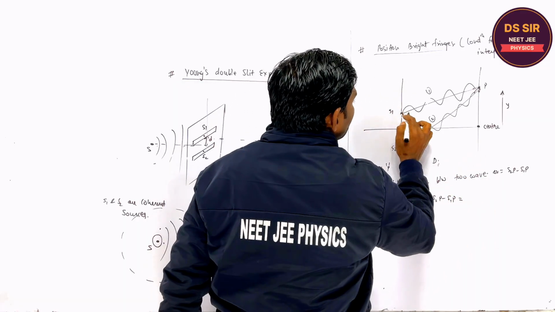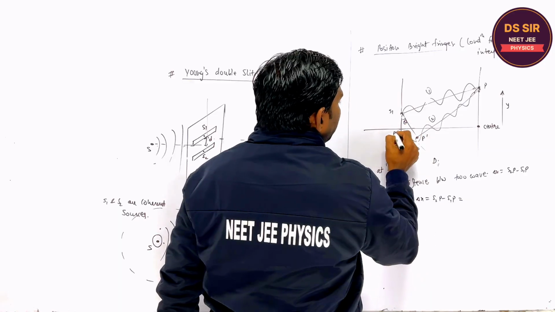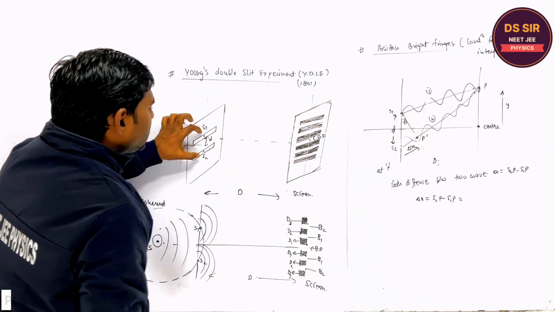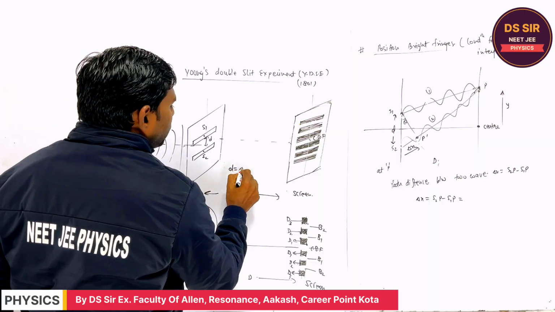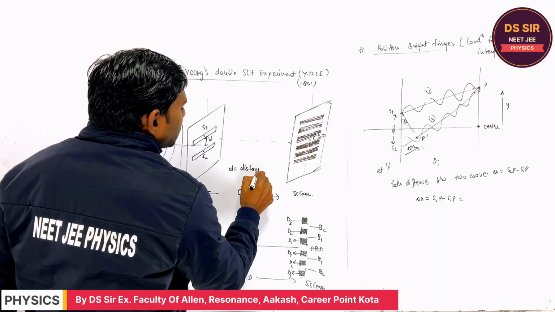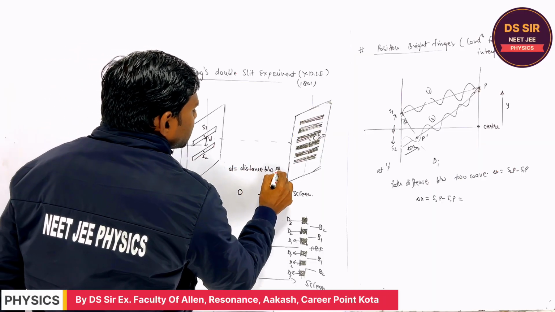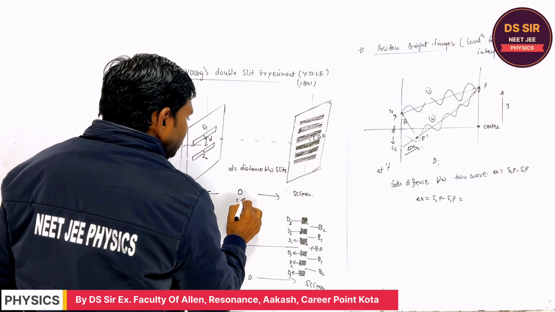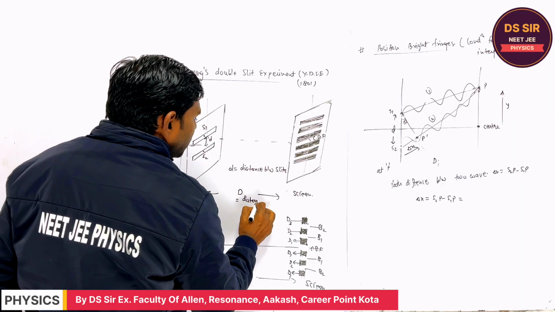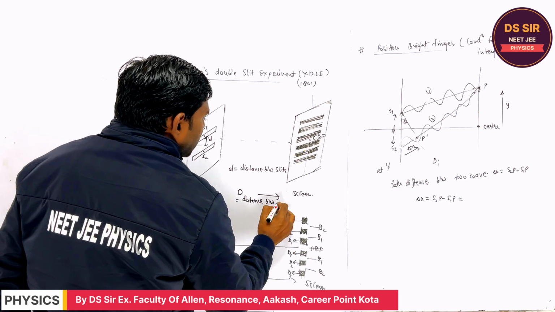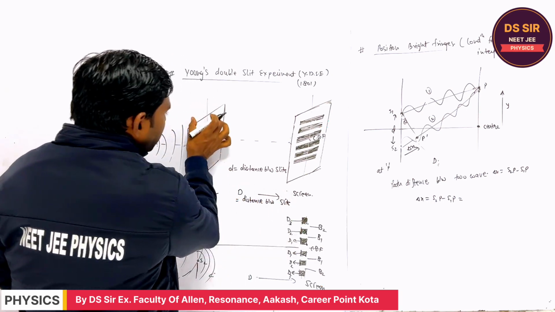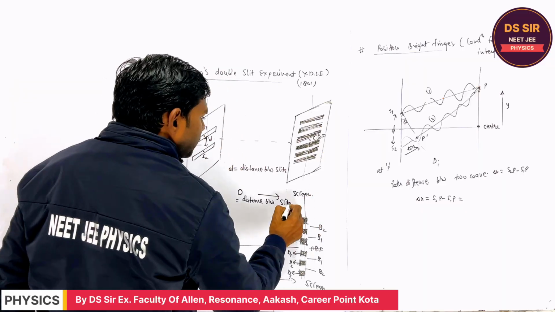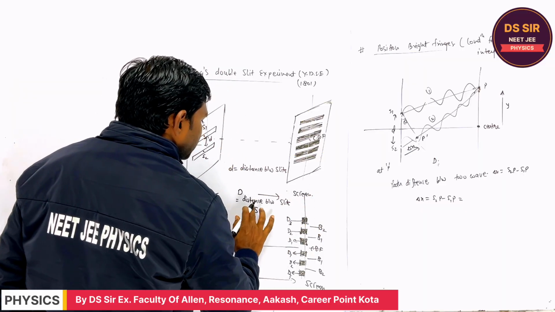Listen, if you assume this angle to be theta, and the small d, what is small d? Small d is the distance between two slits. What is capital D? Capital D is the distance between the slits and the screen.